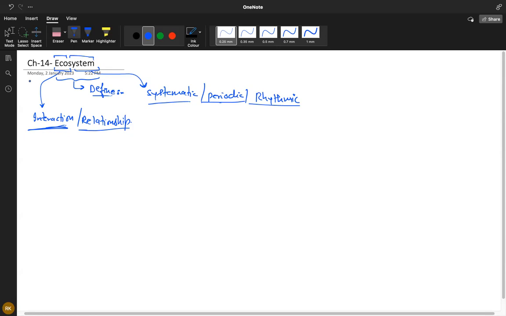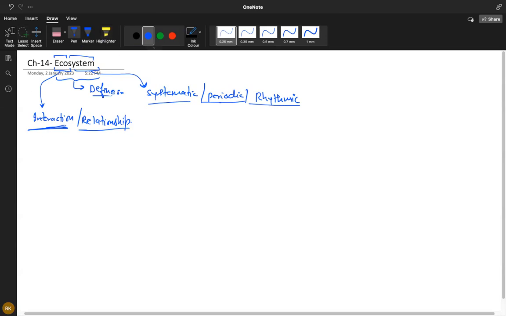These are the cliche definitions of forest, grasslands, desert, and other terrestrial ecosystems, or you say river, pond, lake, reef barriers, or oceans, marine ecosystems, in aquatic ecosystems.